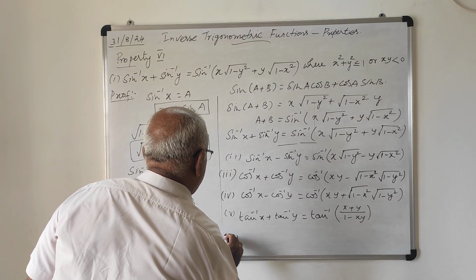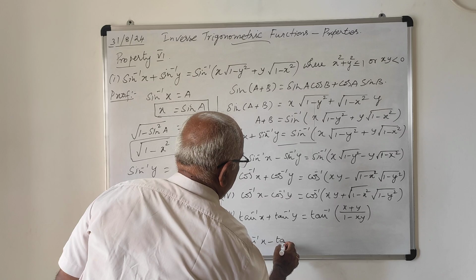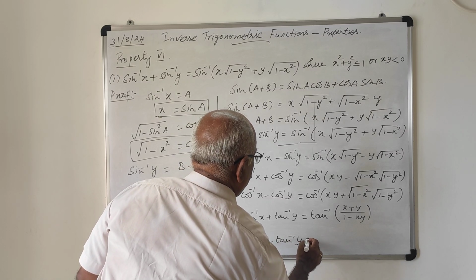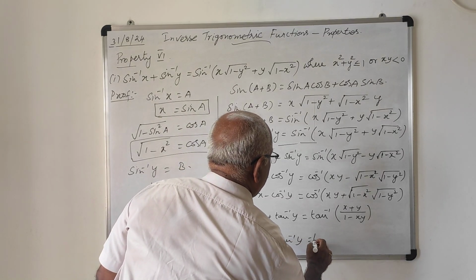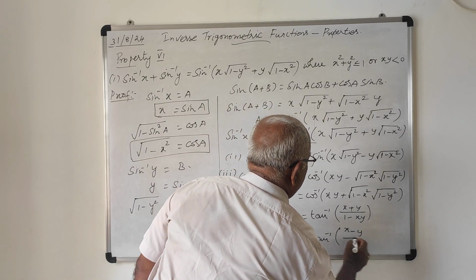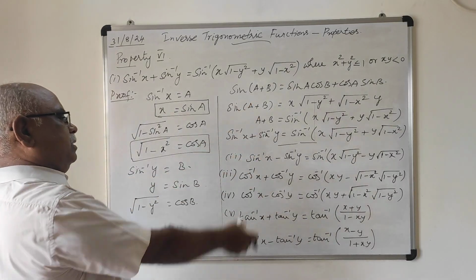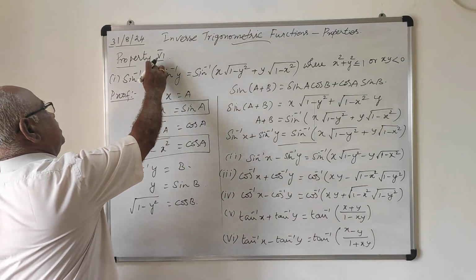Sixth one, tan inverse of x minus tan inverse of y equal to tan inverse of x minus y by 1 plus xy. These 6 results are property 6.